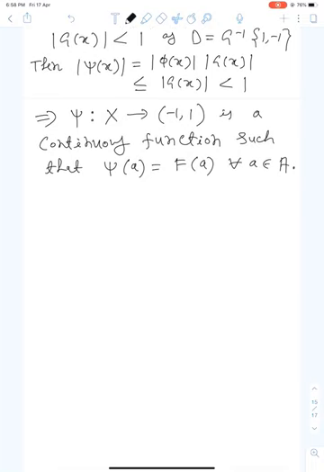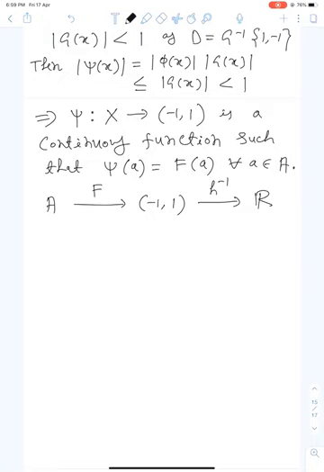Now what is my f? F is a function from A to (-1, 1). That was my f. Right? Sorry, that was my f. Right? And here I had that H inverse from this to R. So we have chosen my H to be a homeomorphism from R to (-1, 1).